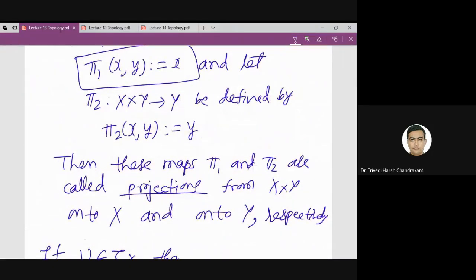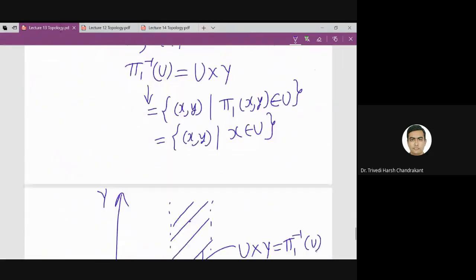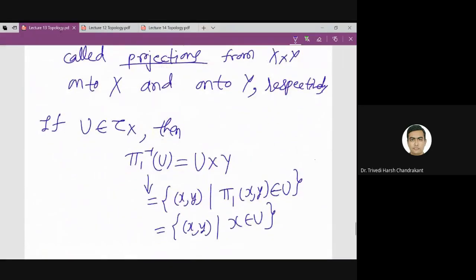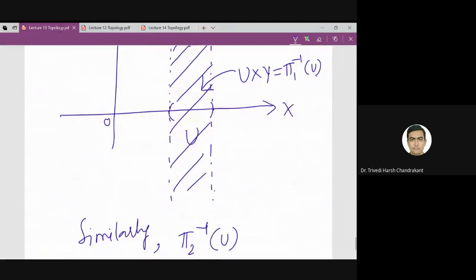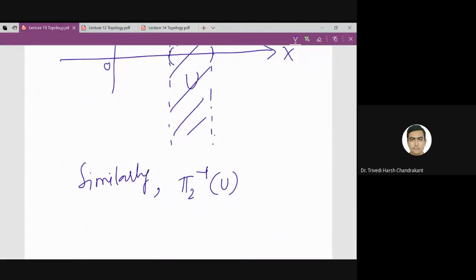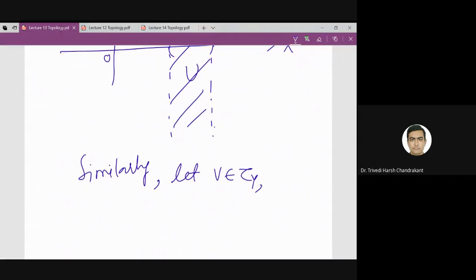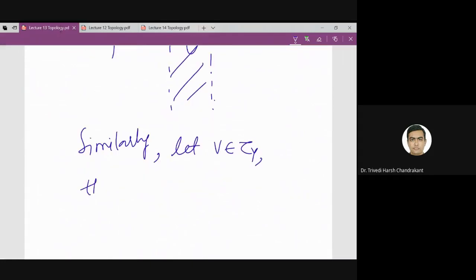It is not x. It is actually y. So basically, I have to take the open set in y, not in x. So that way, this is not correct. So I have to take the open set. Let v be an open set in y. Then what will be pi two inverse v?